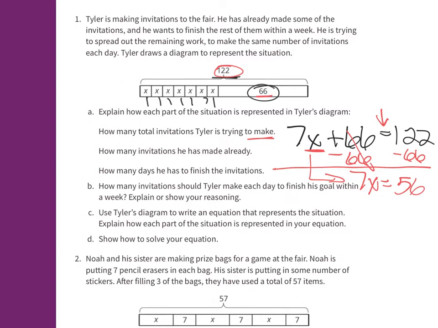Okay, and then to get rid of the 7, I'm going to divide by 7. 56 divided by 7 is 8. So he will need to make 8 invitations each day for the next 7 days to have enough, 122.